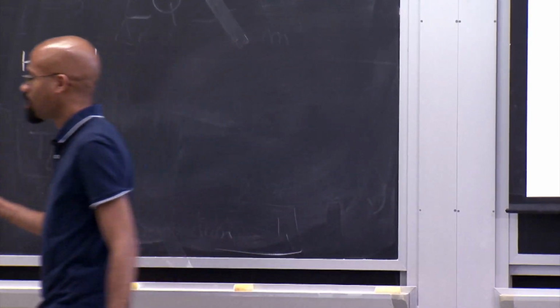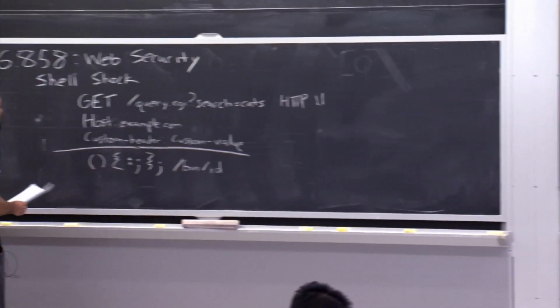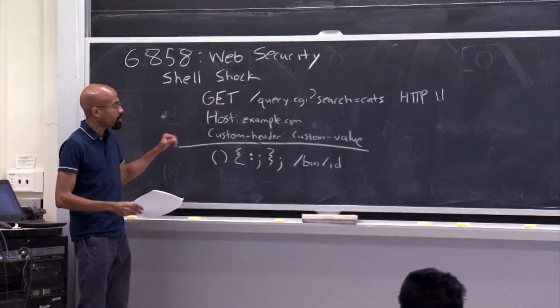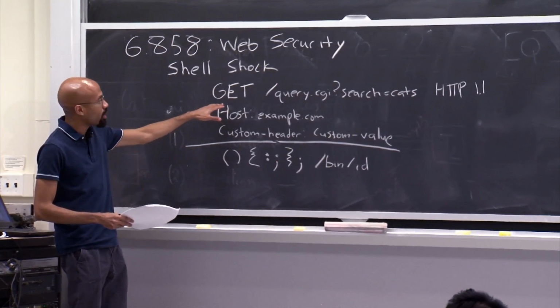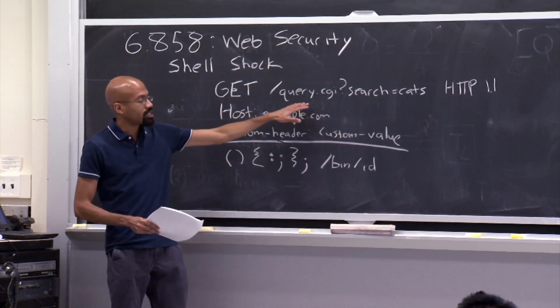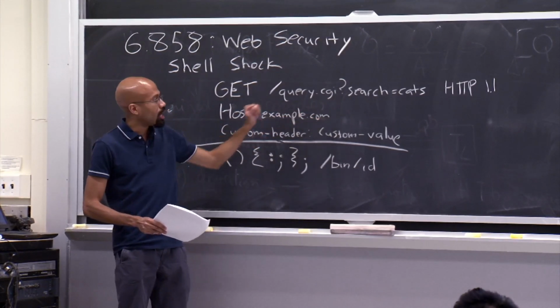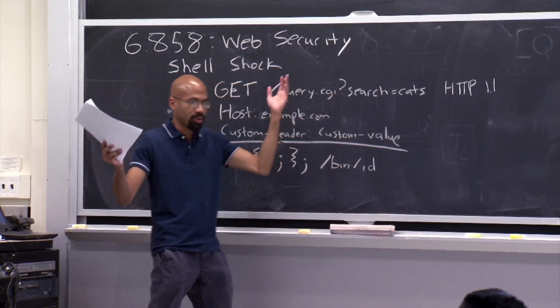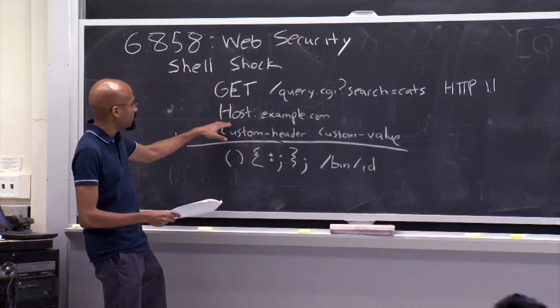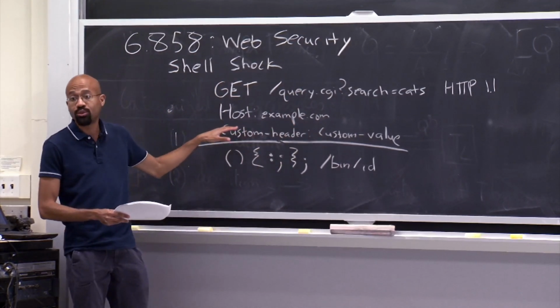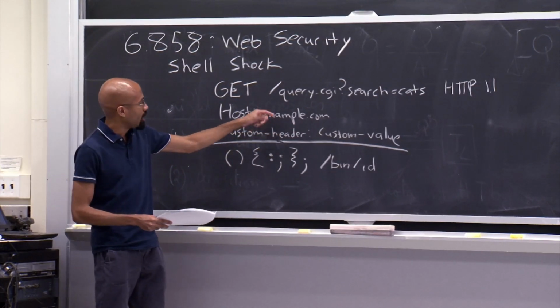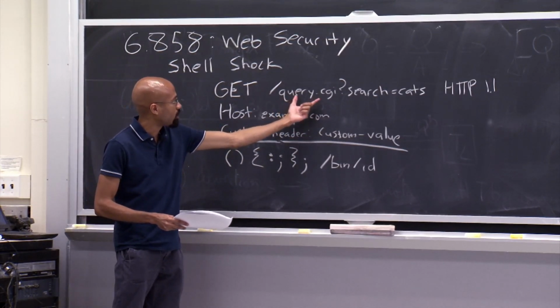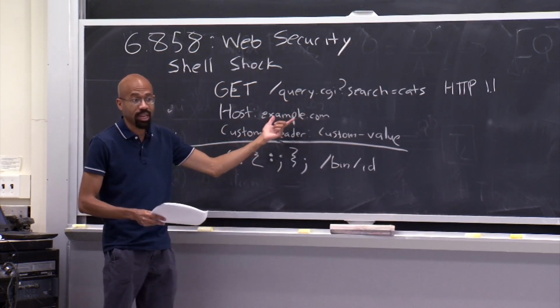I've written an example up here. It's very simple. Let's say the attacker wants to send some GET query to some CGI interface, with a question mark, and the person wants to search for cats, because that's all people search for. Then there are some standard headers, like Host, for example. This is saying that this URL is hanging off of example.com.